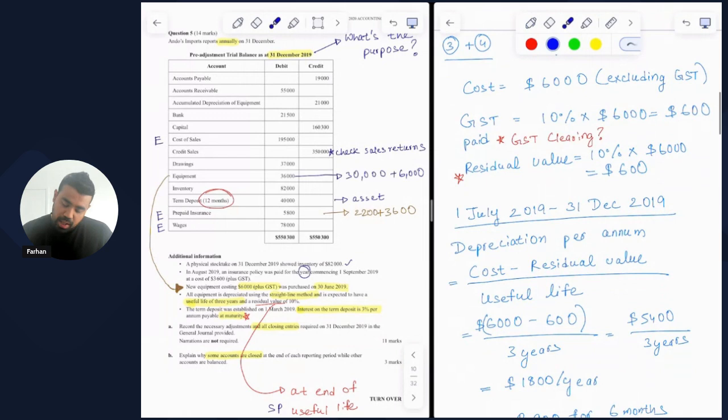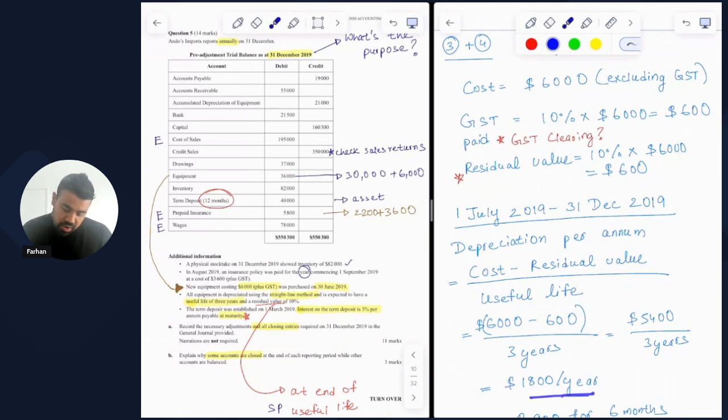Now, if I was to calculate the depreciation, the rate, there's no rate given here, but we know that we are using the straight line method and the useful life is 3 years. So the straight line formula is cost minus residual value divided by useful life. So the cost is $6,000 minus $600 in the residual value divided by useful life of 3 years, which gives us $1,800 per year.